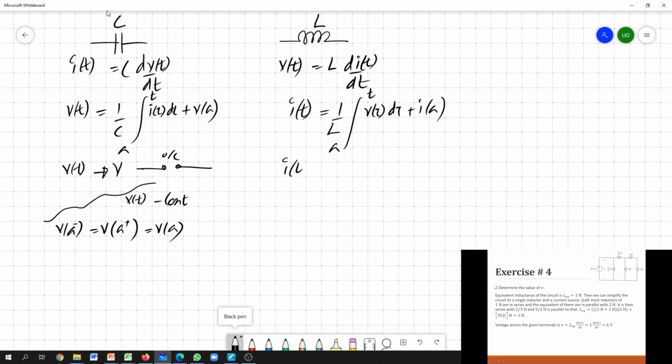And for constant current, the induced voltage is 0, so we can simply replace the inductor with a short circuit element. And for inductors, the current should be continuous and smooth. So this is basically true.